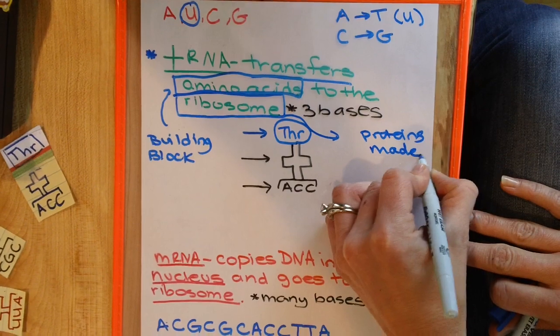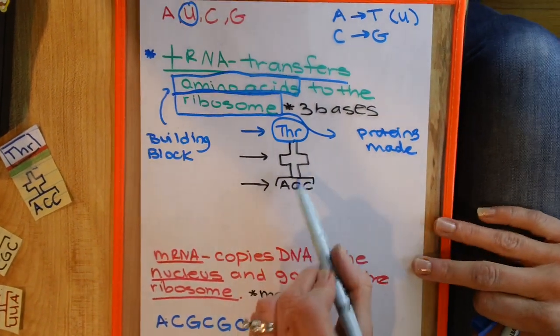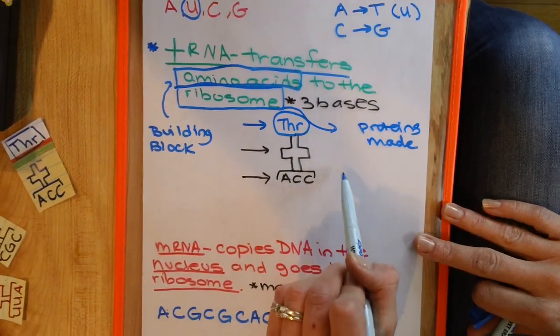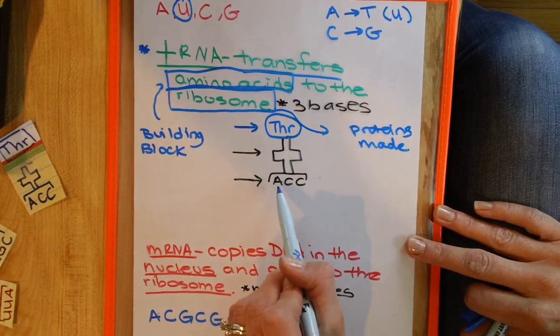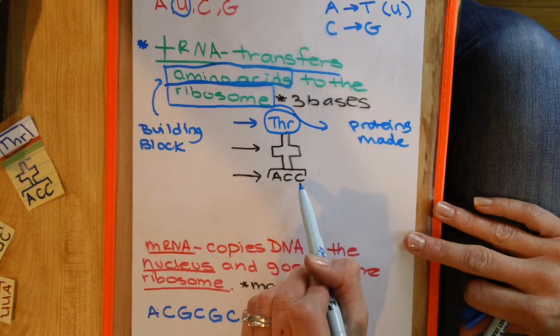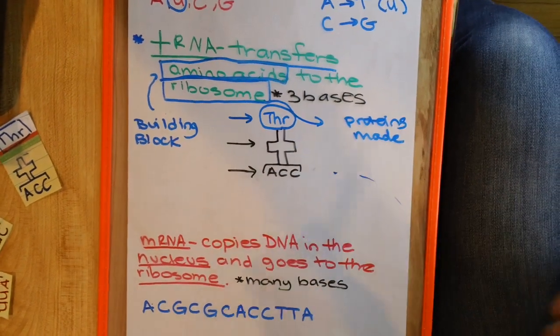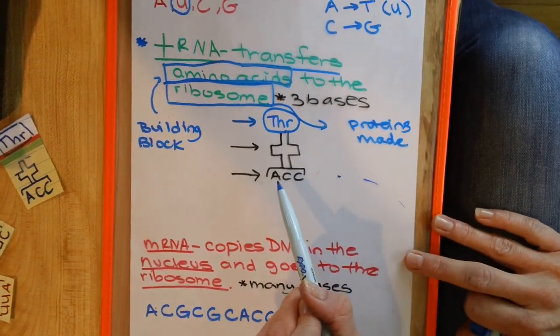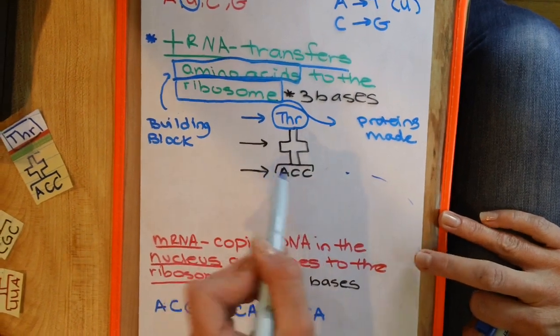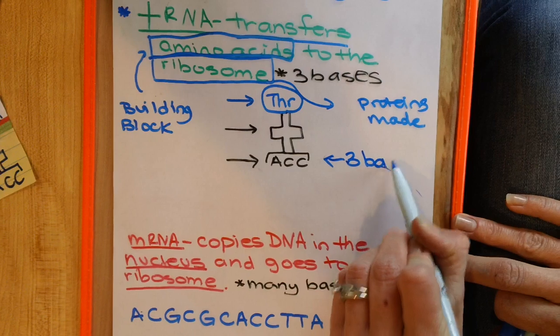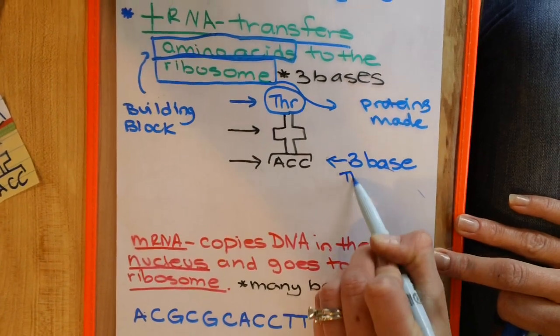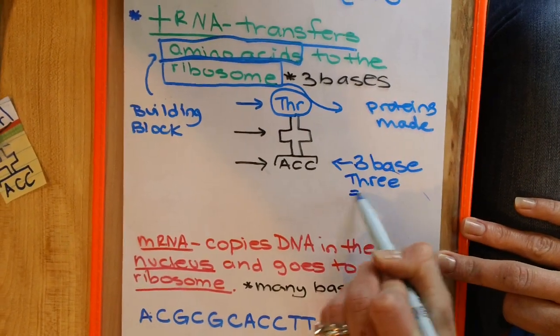So what is the structure of tRNA? Well, this is kind of like how they depict it. They make it look kind of like a T or a cross, and they have 3 bases. And since this is RNA, you'll never find that T. You'll find either A, U, C, or G. But T, you can think 3 bases. T, 3, TT.